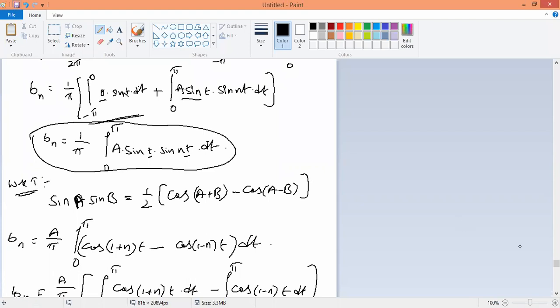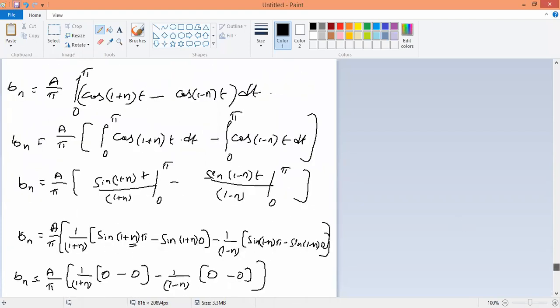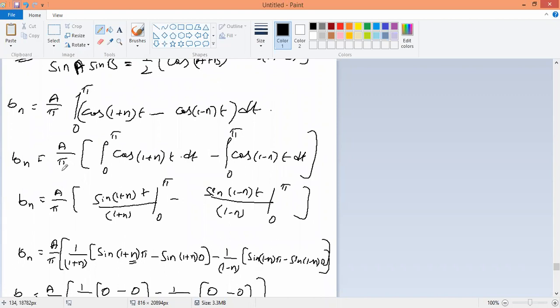Next separate the integral for both terms. bn equal a by pi integral 0 to pi cos (1 plus n)t dt minus integral 0 to pi cos (1 minus n)t dt. We already know the integral of cos nt dt is sin nt by n.